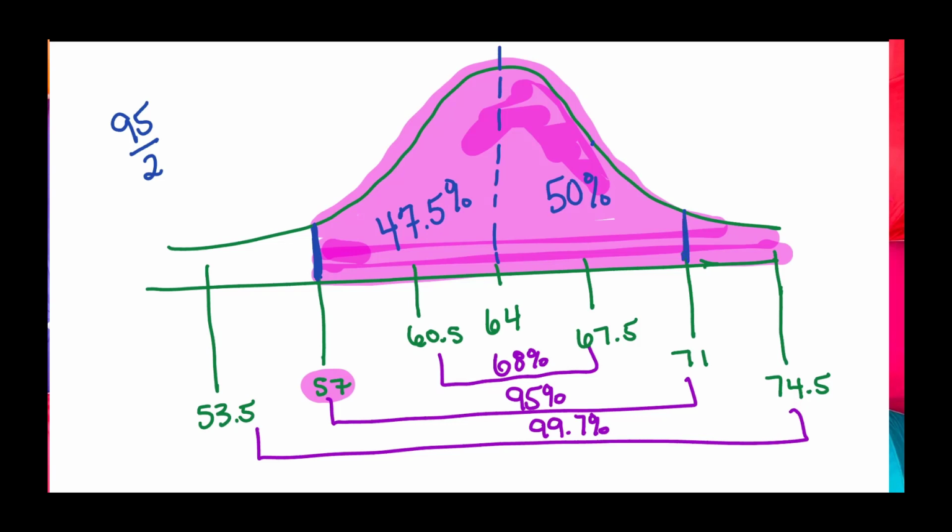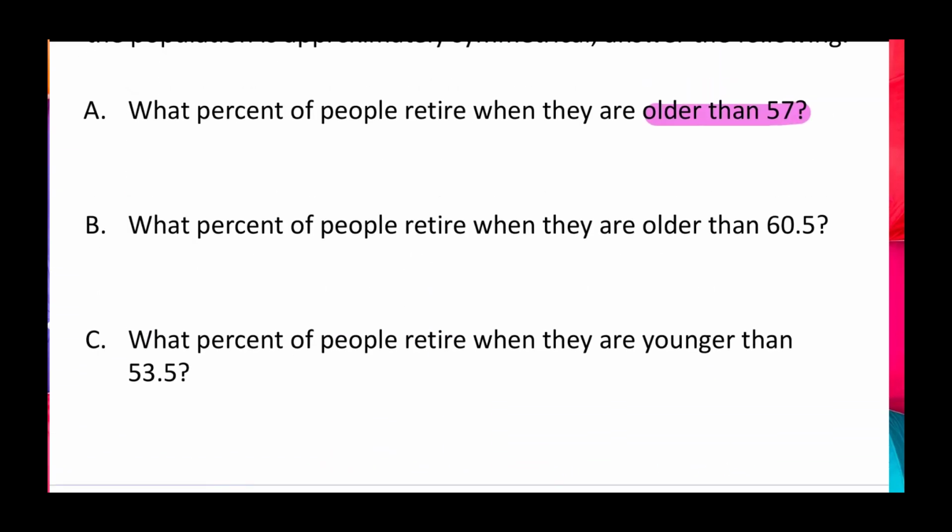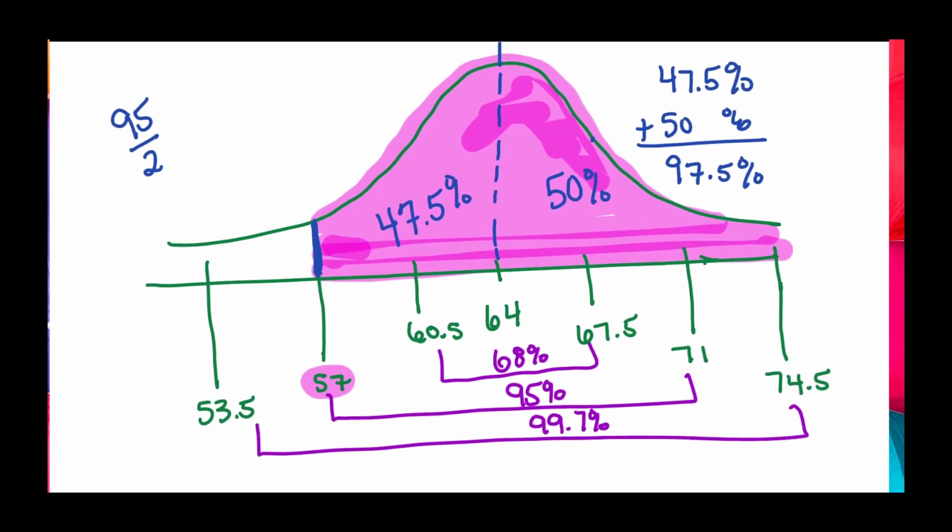If I go from the boundary 57 to the center, that's 47.5 on each side. So then I can say 47.5% plus the 50% gives me 97.5% is above 57. All right?